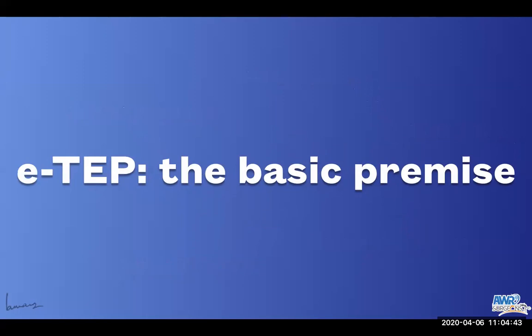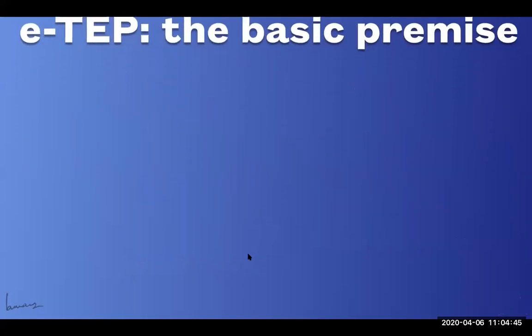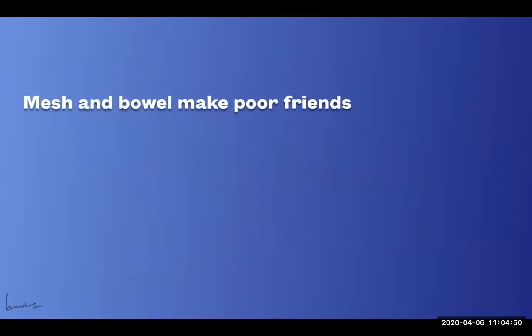Now, the basic premise of eTEP is that you basically cannot let mesh and bowel get together because you have long-term complications. I mean, this is not desirable, especially if the patient is young, then there's a lot of time for the bowel to make friends with the mesh. So ideally, extraperitonealize that mesh.